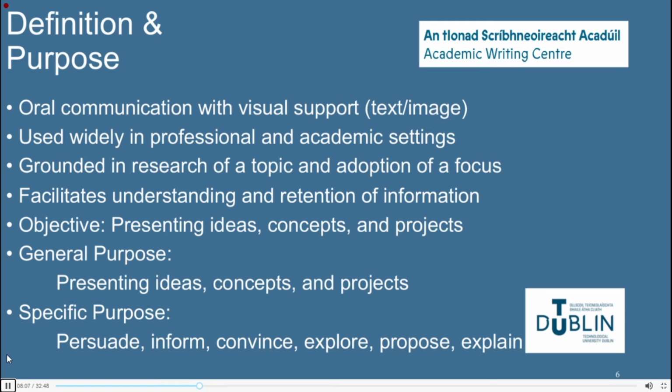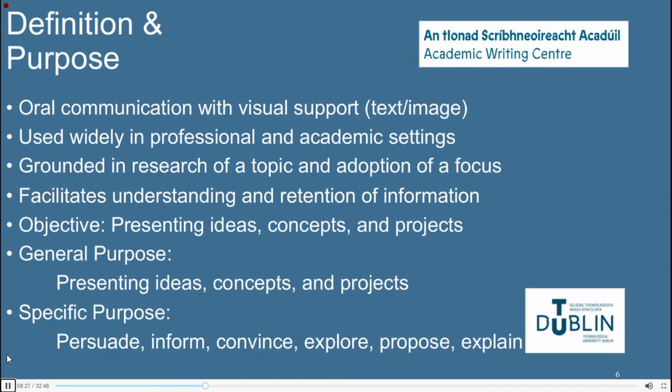As we were saying, a presentation needs to be grounded in research of a particular topic, and you will do well in adopting a focus to give direction to the presentation.